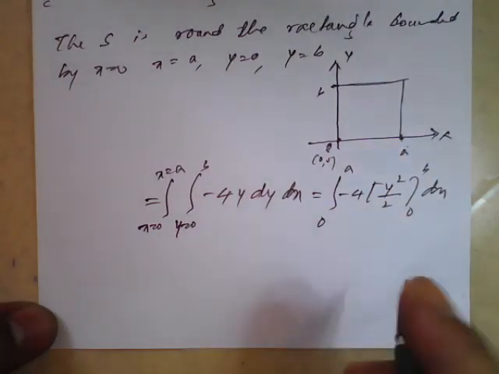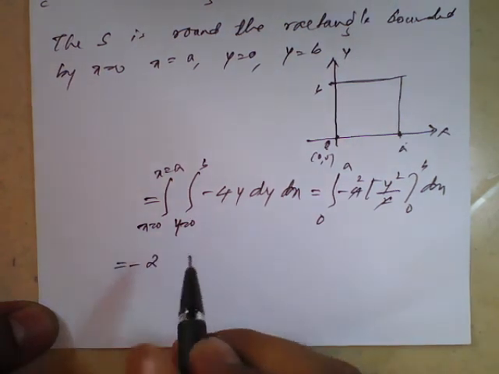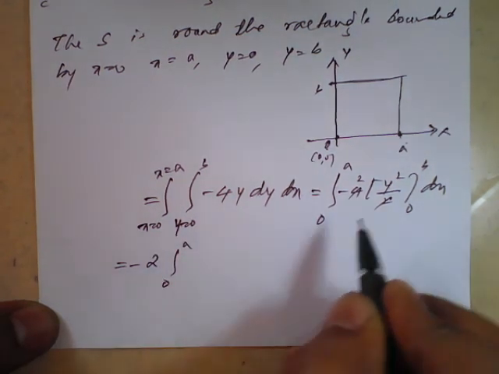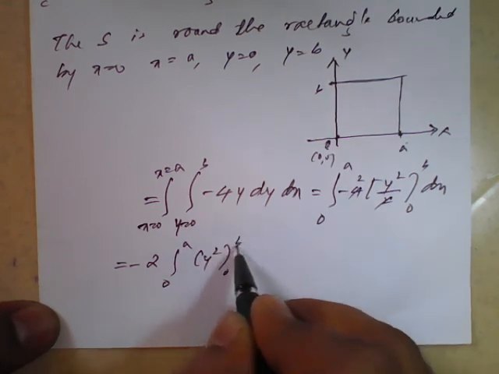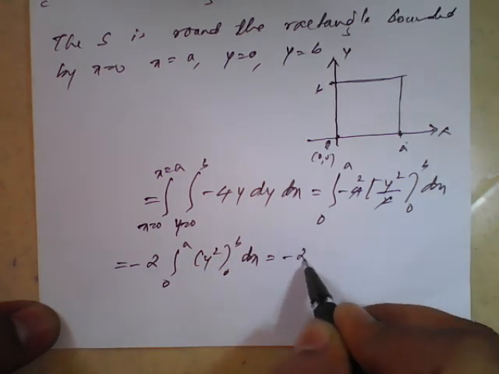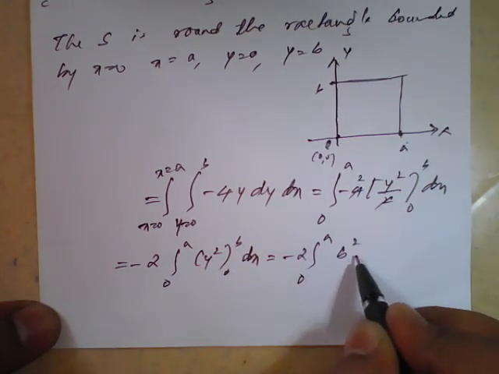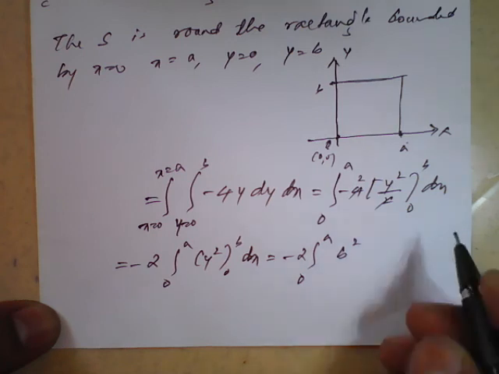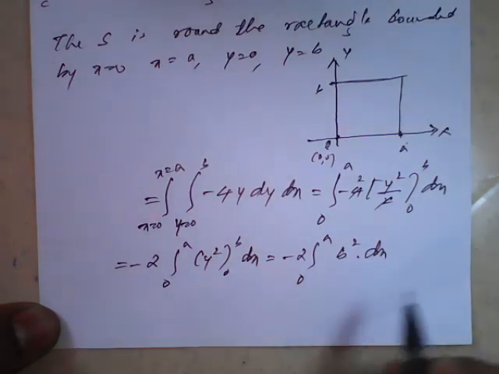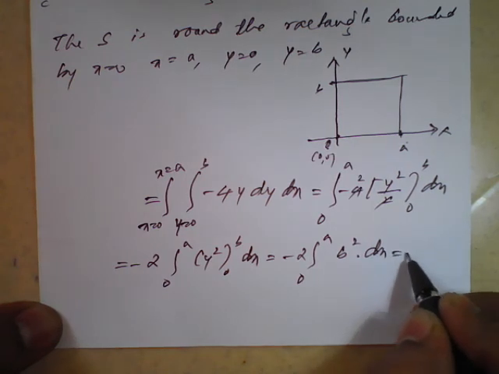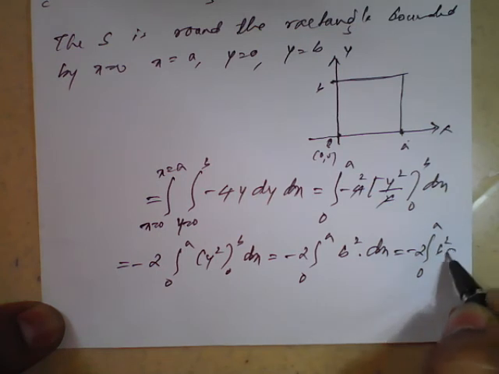Therefore, minus 4 times one half is minus 2, which I will keep outside: minus 2 integral from 0 to a of y square, limit from 0 to b, into dx. Apply the upper limit, it becomes b square minus 0 square, and you leave out the 0 square, into dx.